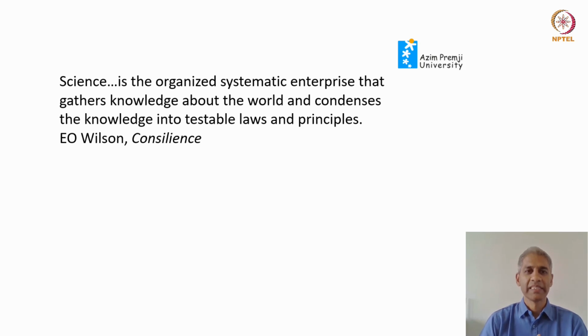And in his book Consilience, he has given this definition, saying that it is an organized, systematic enterprise that gathers knowledge about the world and condenses the knowledge into testable laws and principles. So the word testable here is very important, and it tries to organize our understanding of the world into larger statements. It has a generalizability about it.